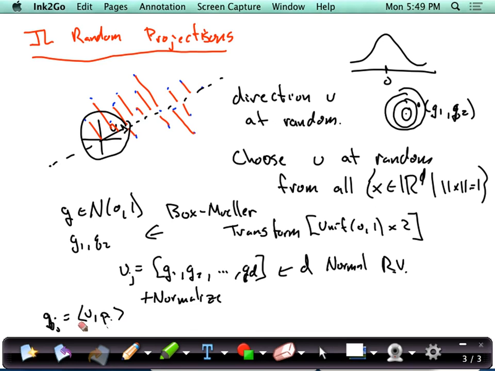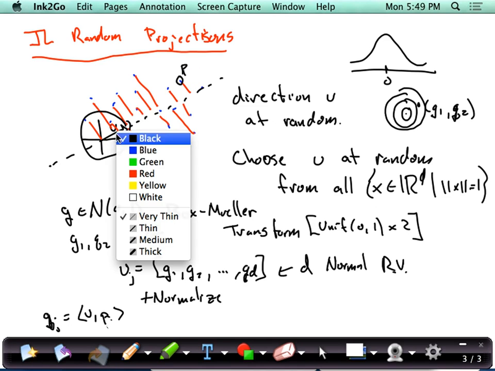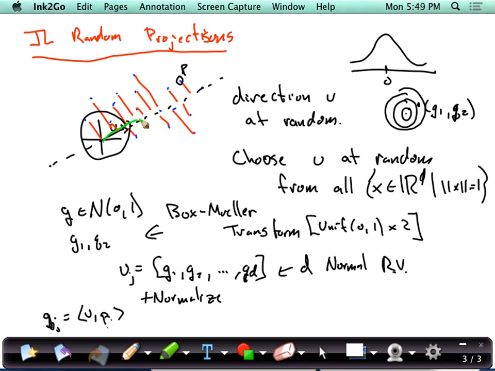If I look at this data point, let's call this point P, and this is direction U, then the dot product tells me this distance from the origin. The length of this projection from the origin is exactly the jth coordinate.